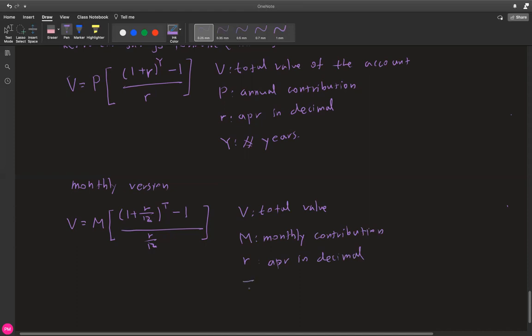And T is the total number of contributions.